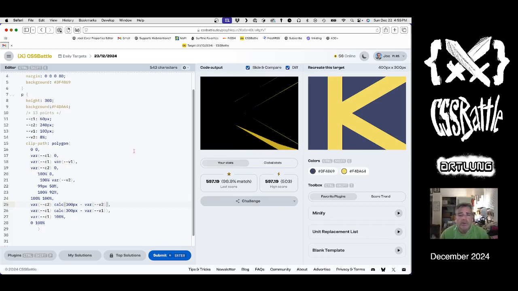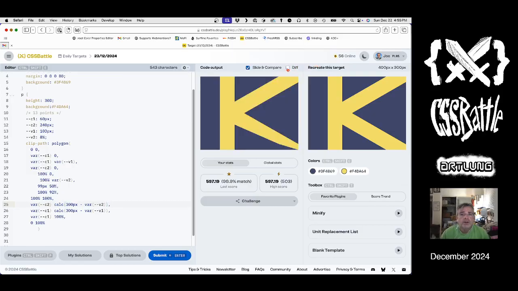Closing parentheses. There we go. Is that the correct point? Oh, it's probably not. Probably not, since now we're asymmetrical. That's no good, right?